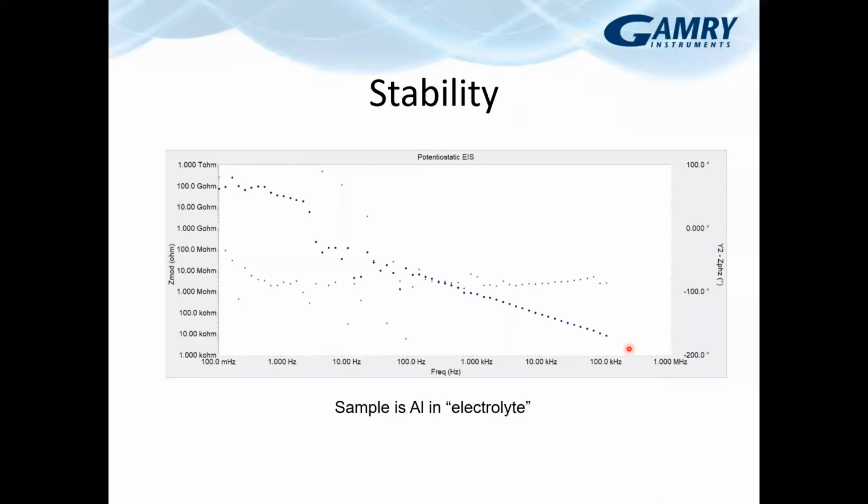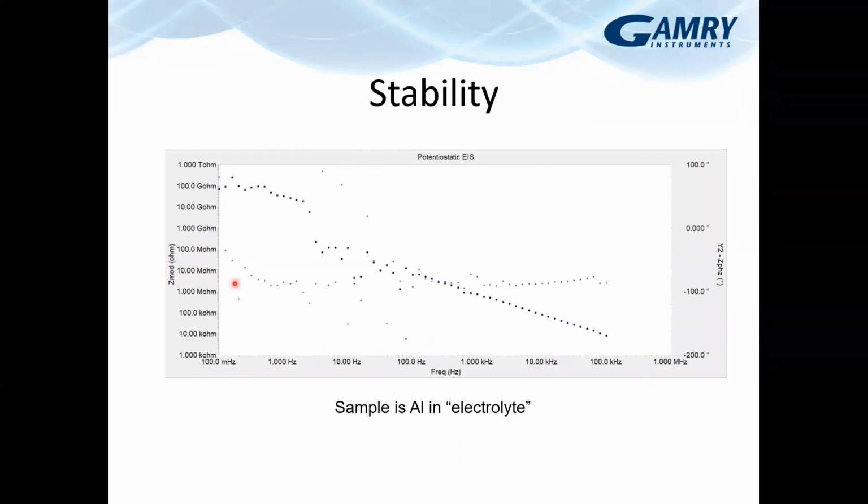A good quality aluminum oxide layer, or basically anodized aluminum, in a neutral electrolyte looks like a capacitor: you've got a dielectric due to the aluminum oxide, electrolyte on one side and the aluminum on the other, and so you tend to see very capacitive behavior from it.